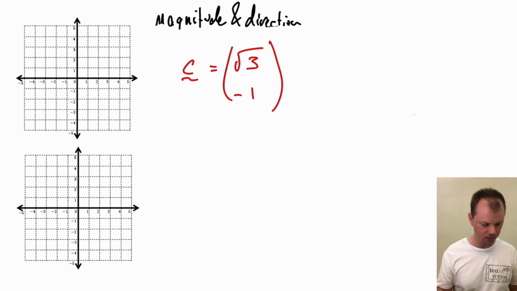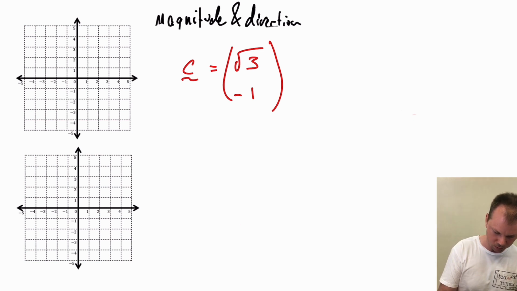Now √3 is about 1.73. So 1.73 is about here, and we're -1 down. Okay, so this is my triangle here. Now I'm trying to work out this internal angle here. This is 1, this is √3.